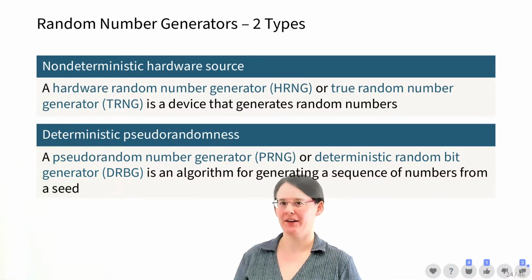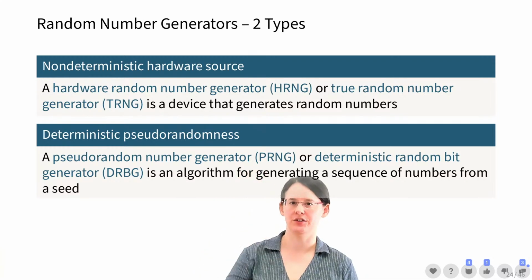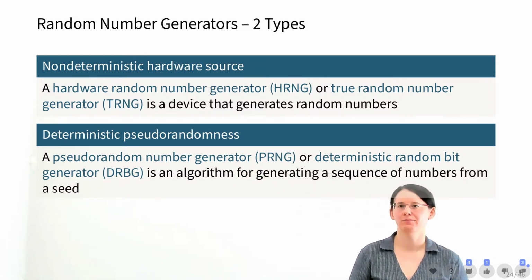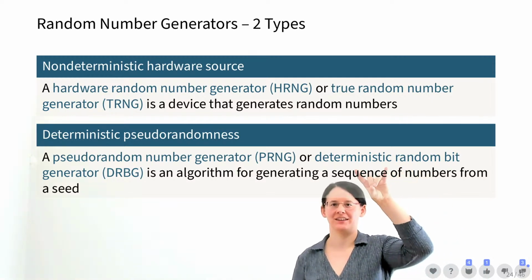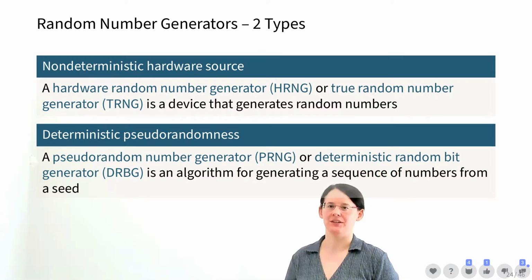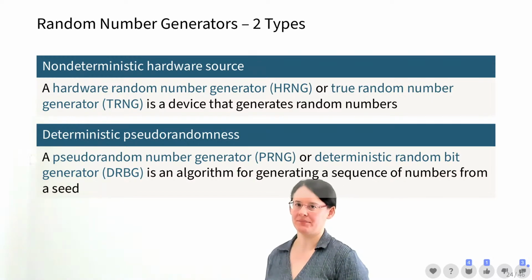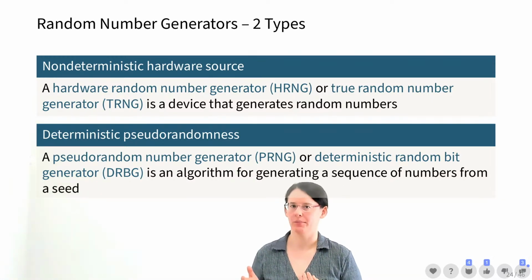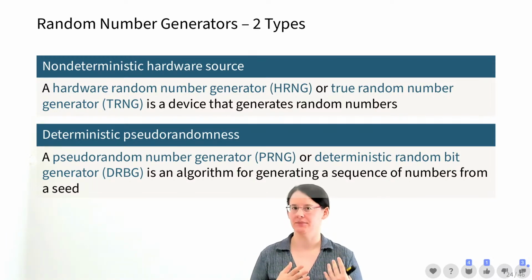So what's a pseudo-random number generator, or PRNG for short? Sometimes also called a deterministic random bit generator. So here you have the words right next to each other, a DRBG. That's an algorithm to generate a sequence of numbers with very nice statistical properties based on a seed. So what's the idea? What do you usually use?